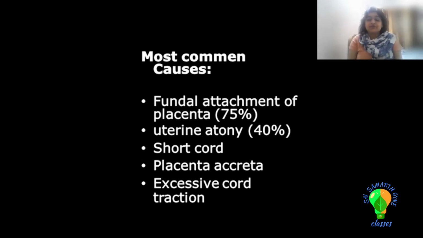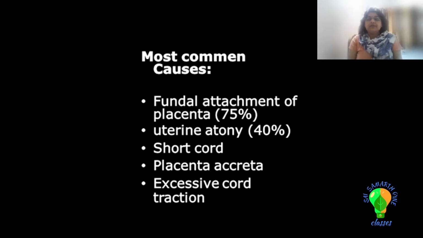What are the causes of uterine inversion? Fundal attachment of the placenta. So placenta is attached to the fundus, and you are pulling on the umbilical cord, है ना, in order to remove the placenta, and the fundus gets inverted. The uterus is atonic. In 40% of the cases, it is uterine atony.